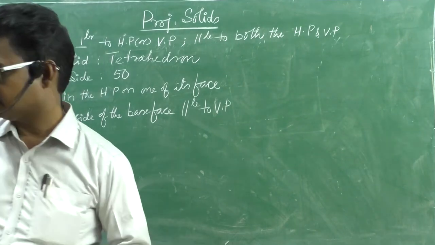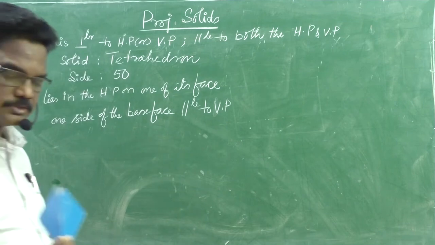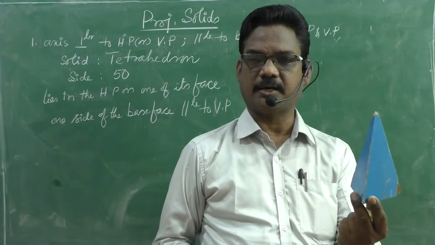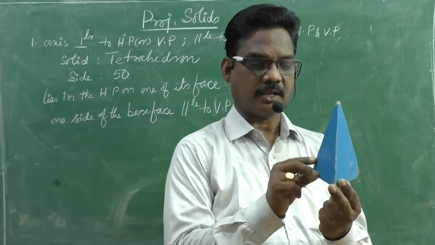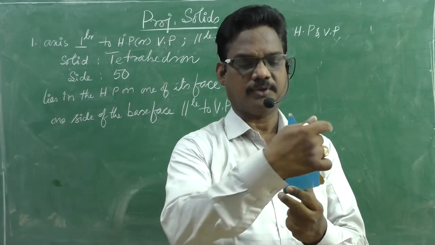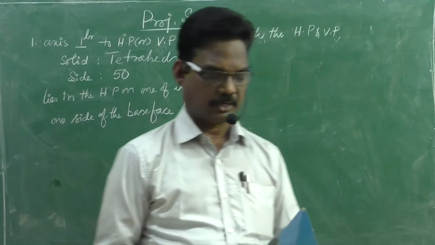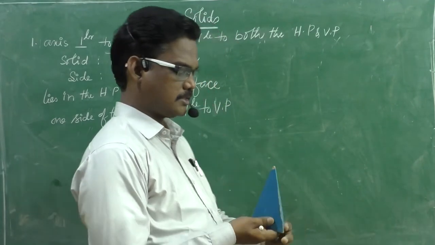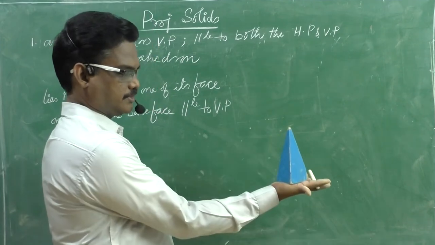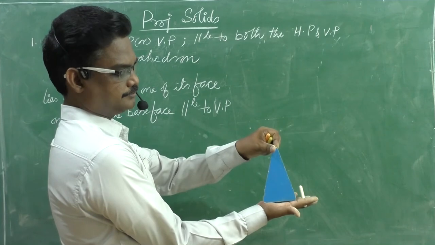Right. Now, assume that this is the tetrahedron. Actually, it is not a tetrahedron. This is a triangular pyramid. Okay. Assume that all the faces are equal. Right. Now that is a tetrahedron, and it lies with one of its faces on the horizontal plane, and one side, okay, you can imagine this side.